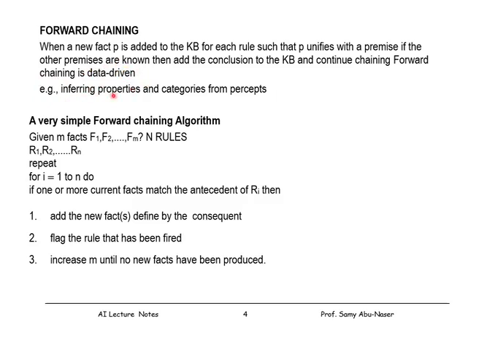Example: inferring properties and categories from pair sets. A very simple forward chaining algorithm: given m facts f1, f2 to fm, and rules r1, r2 to rn, repeat for i from 1 to n: if one or more current facts match the antecedent of R, then add the new fact or facts defined by the consequent.